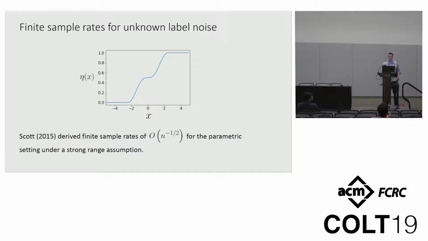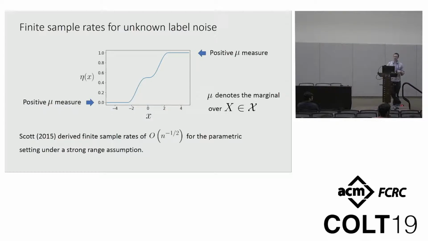So the first finite sample rates were derived by Scott, and he showed that if you make a stronger assumption that there is part of your feature space where the regression function is uniformly equal to 1, and there's part of the feature space where the regression function is uniformly equal to 0, you can learn at the optimal parametric rate.